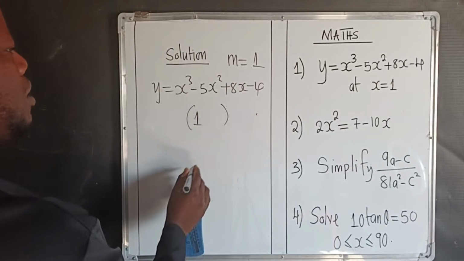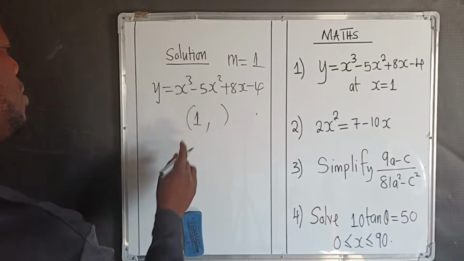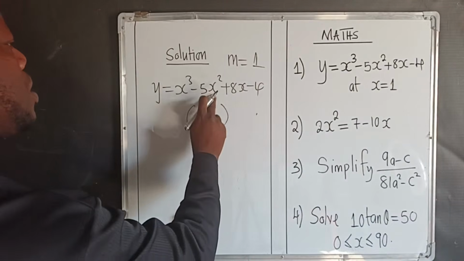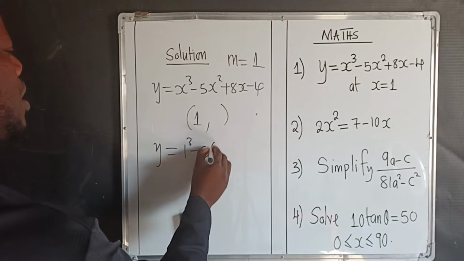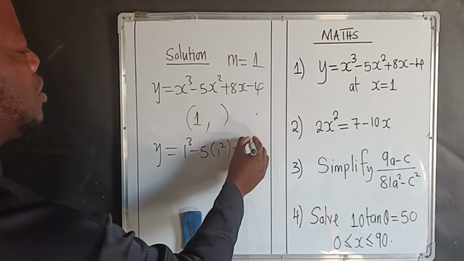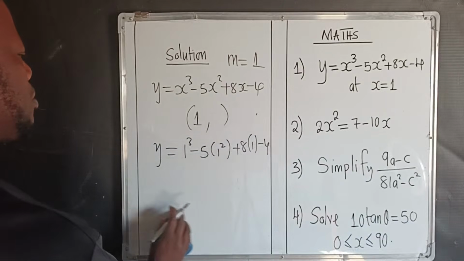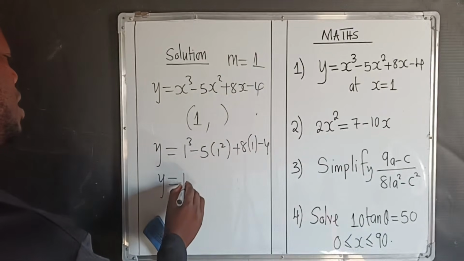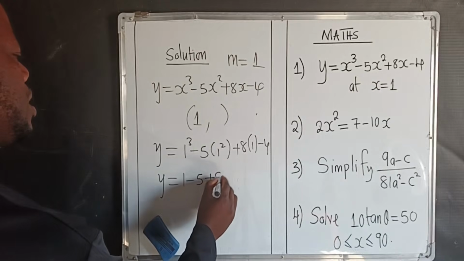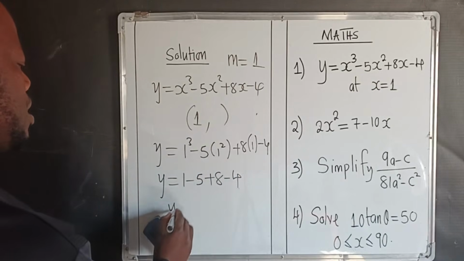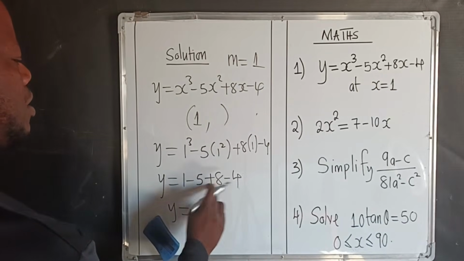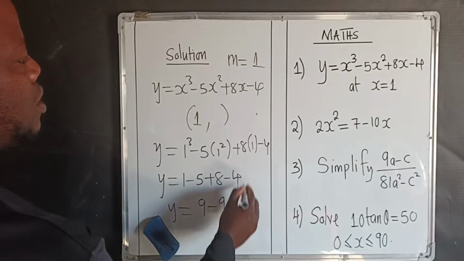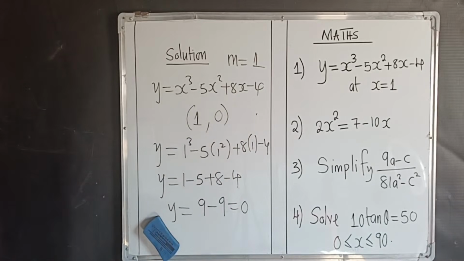We know that the x value is a 1, the y value we don't know. So get this x value, put it where x is, so that we can find the y value. This is calculus, guys. In case you don't know, this is a calculus exam question. And when you simplify here, we are going to get something like this. Y is equal to this, and this is giving us a 9. 9 minus this and this, 9, which is a 0. So the y coordinate is a 0 there. Okay, it is a 0.